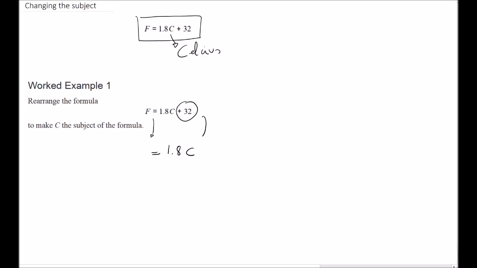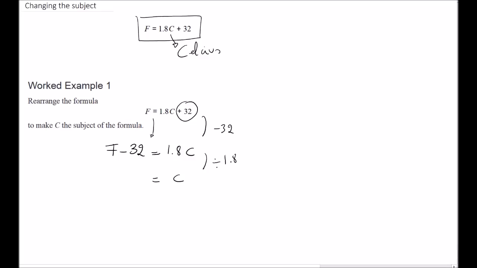But then again, this is an equation. Everything I do on the left, I have to do on the right and vice versa, because I need to keep my equation balanced. Okay, so this is going to be F minus 32. Then I still have 1.8 times C. How do I get rid of times 1.8? Well, I'm going to divide by 1.8.